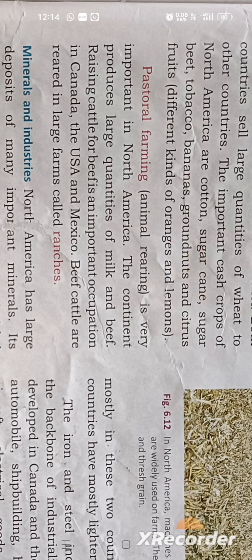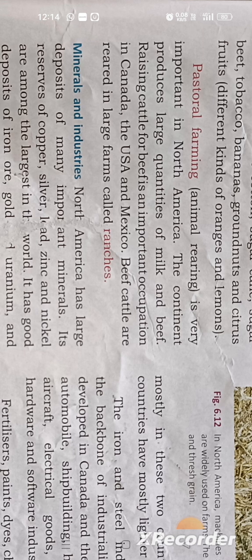So next is pastoral farming. What is pastoral farming? Whenever people are raising animals on their farm, that is known as pastoral farming. They are raising their animals so that they can utilize them. How can they utilize them? For example, if they are raising cattle, they can take out beef and sell that.